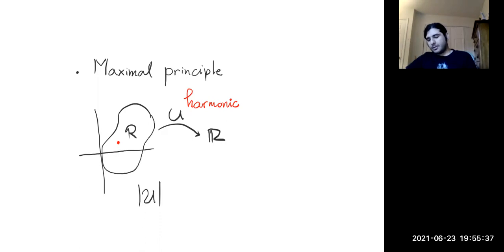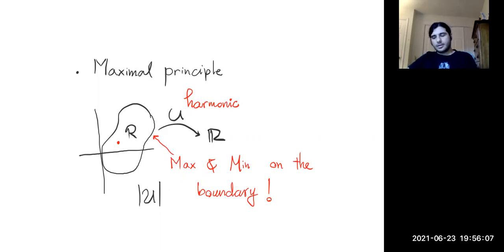Also, you can't have a minimum inside. In both cases, the absolute value of u is maximized. That can't happen. Maximums or minimums for u can only happen on the boundary. And this is one of the interesting properties of the harmonic functions.